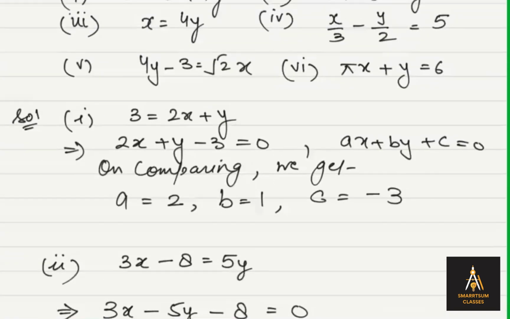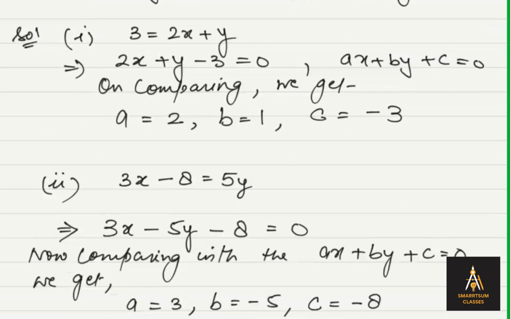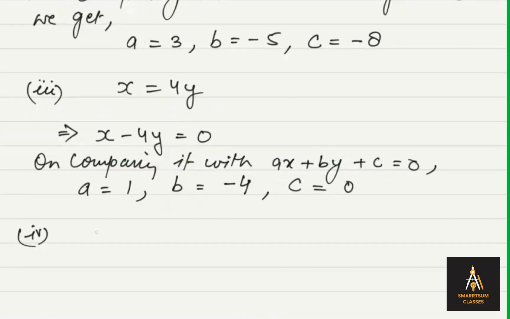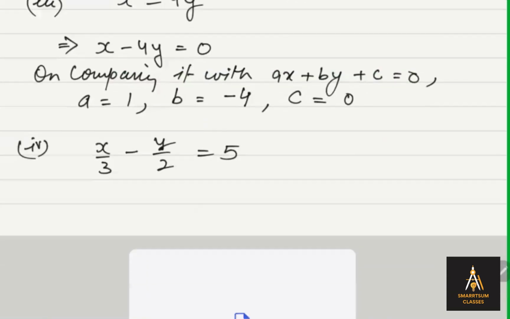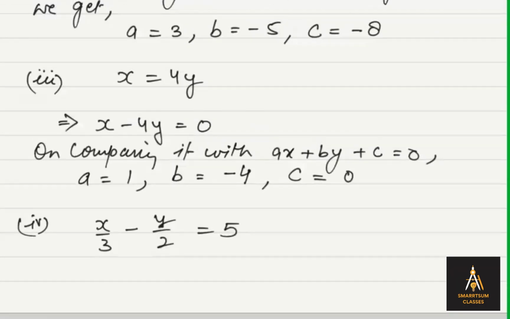So now, next is x upon 3 minus y upon 2 is equal to 5. So what we will do?